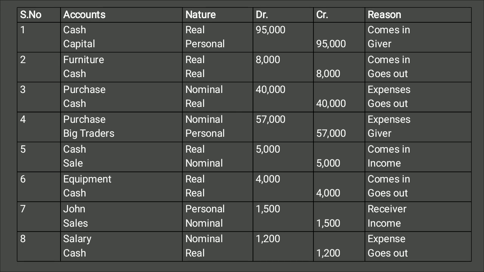Just imagine, when you purchase goods, definitely we will lose some amount, some cash. So that's why purchase can be considered an expense. And sales can be considered income, because from the selling of goods we will receive money.